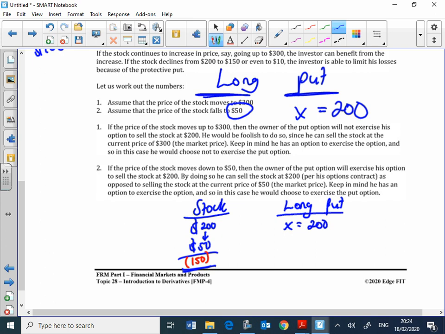So I've got the option to sell it to you at what price? 200. But what's it trading at on the market? What can I buy it for? 50. So I buy it for 50 and I sell it to you at 200 with my long put, and I make a gain of 150 less the premium. I walk away and let my premium go.